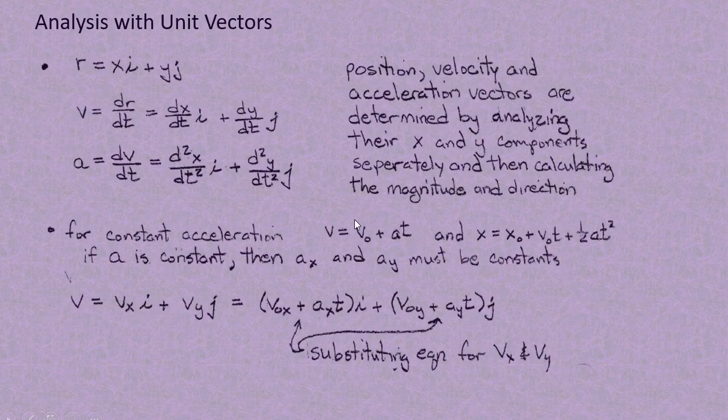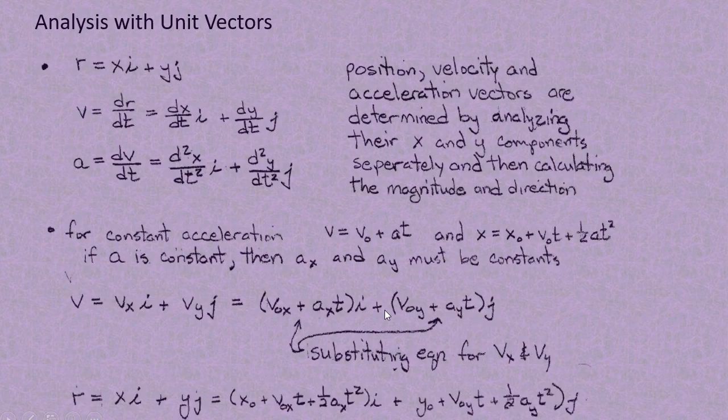Notice if we take equation 1 here and we substitute this for v sub x and v sub y, we have the unit vector notation for the instantaneous velocity vector as (v sub naught x plus a sub x times t) times the unit vector i plus (v sub naught y plus a sub y times t) times the j unit vector.